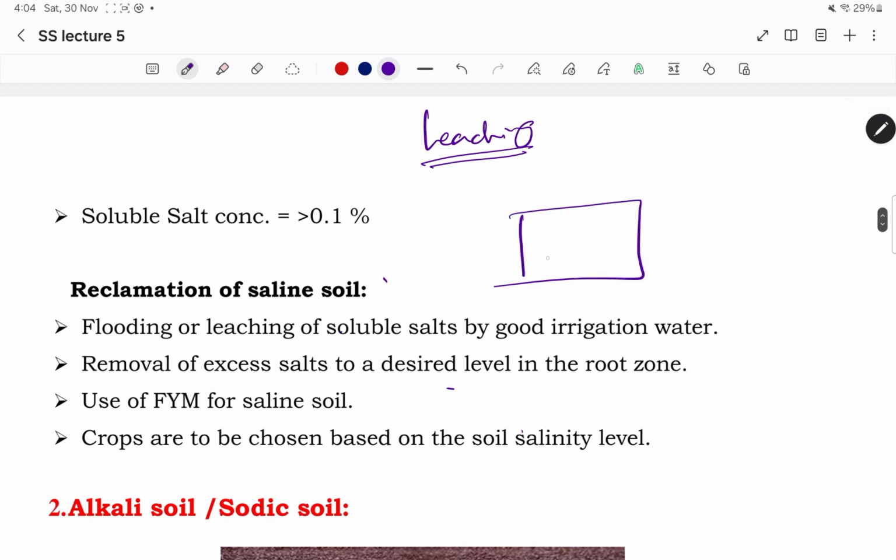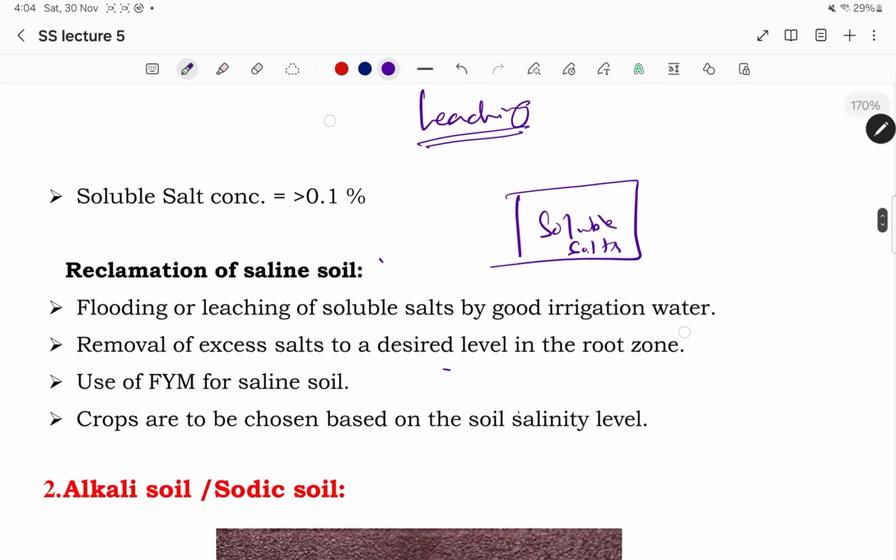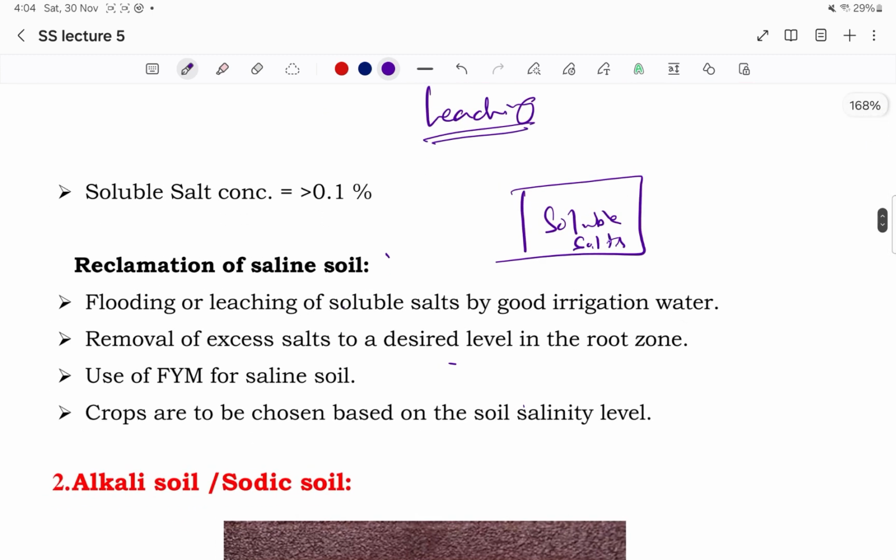See, this is the soil containing some of the soluble salts. We have to remove these soluble salts. So that's why we have to irrigate the field to leach all the soluble salts.